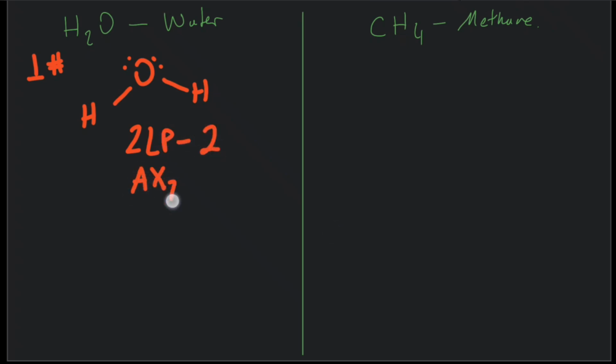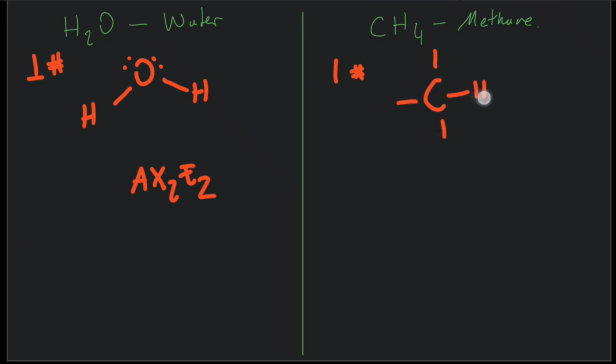So AX2E2 is the representation of the water molecule. If you look at CH4, this is the Lewis structure of CH4, and AX4 is the representation for CH4.